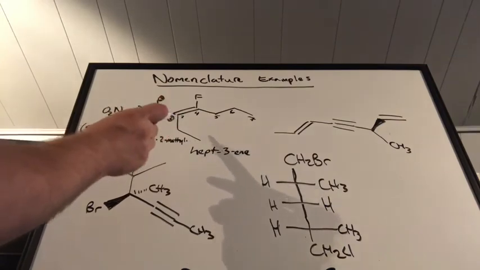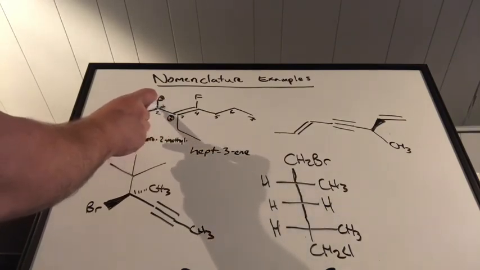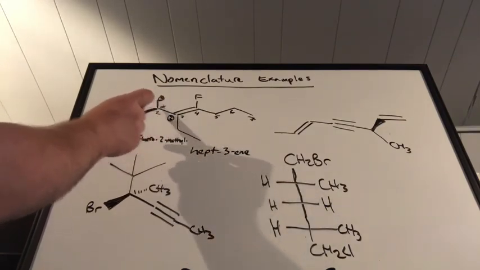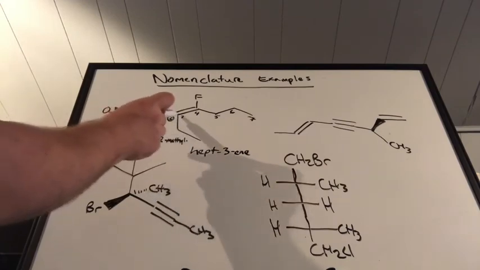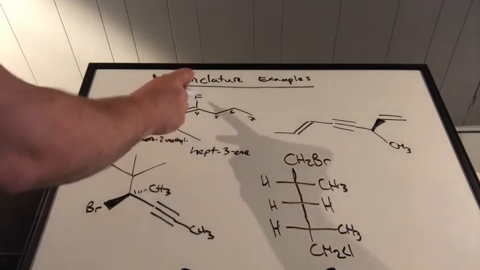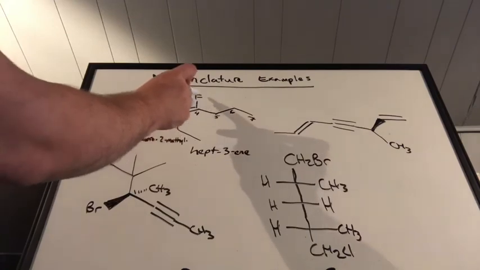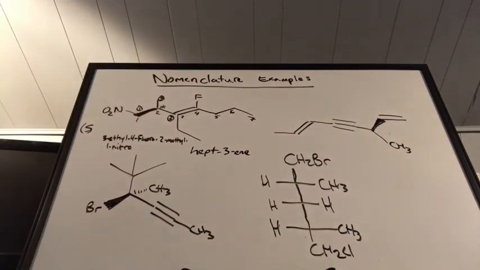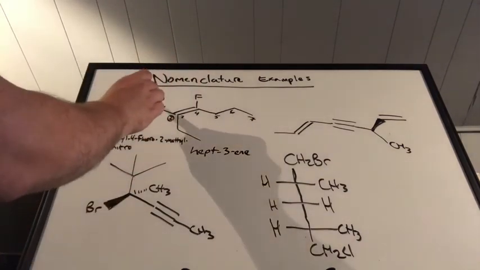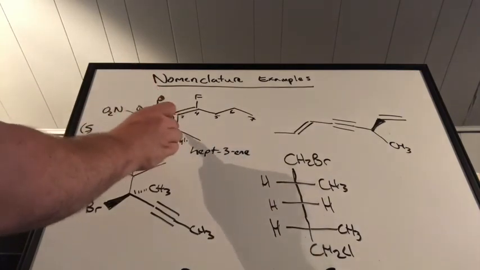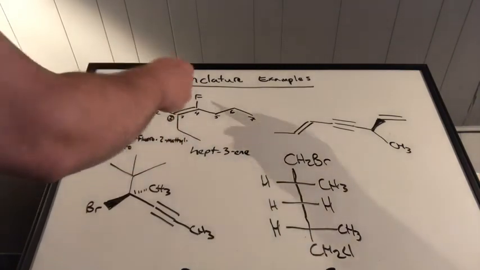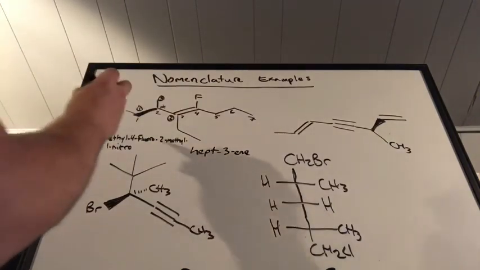So the higher priority is going to be what's here for this particular carbon, and then what's here for this particular carbon. So fluoro is going to beat out carbon, right? And then this branched carbon is going to beat out this ethyl group. So in other words, this is going to be Z.